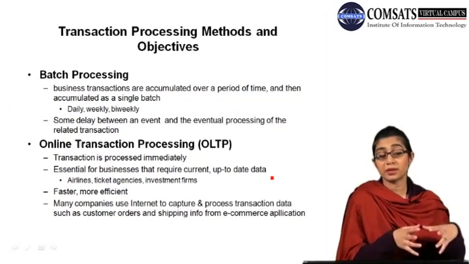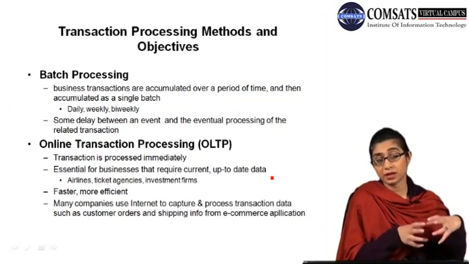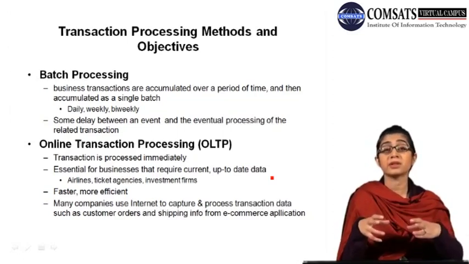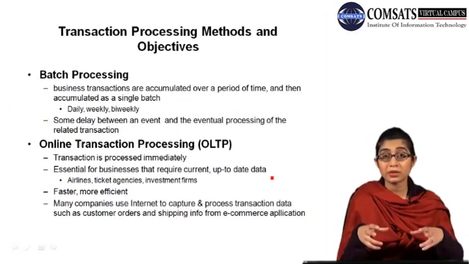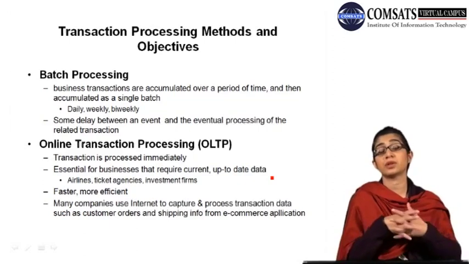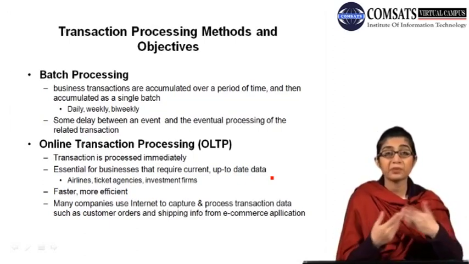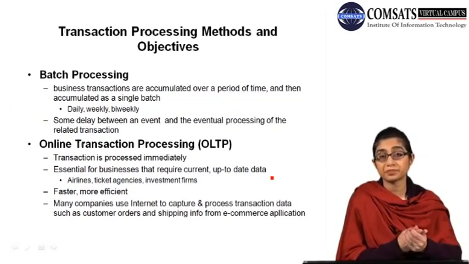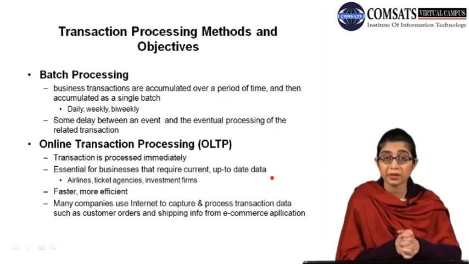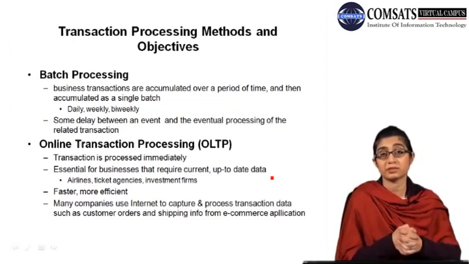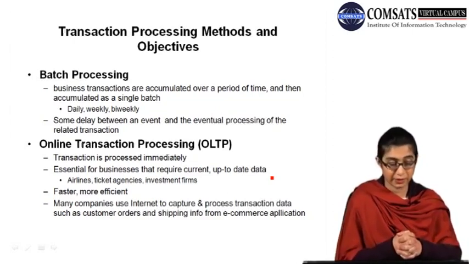So there are certain business activities that require the OLTP, and there are certain business processes that require batch processing. So depending on the kind of processing that is required or the requirement of the organization, आप different kinds of transaction methods जो हैं वो deploy कर सकते हैं.